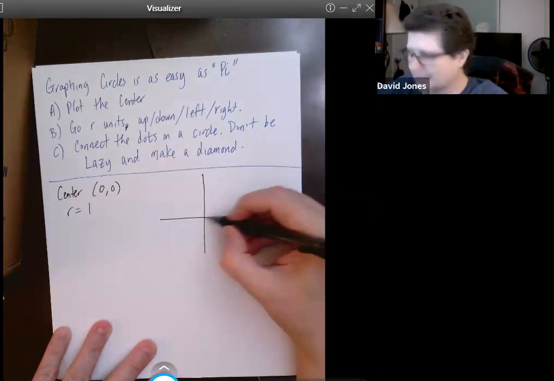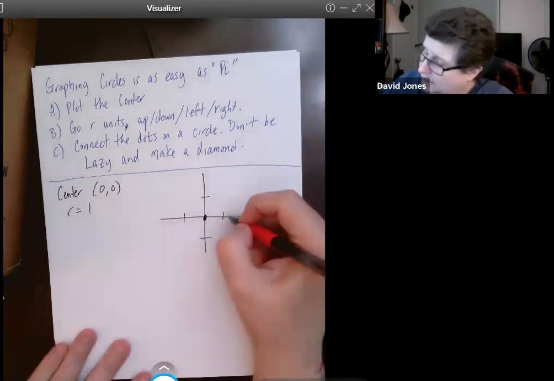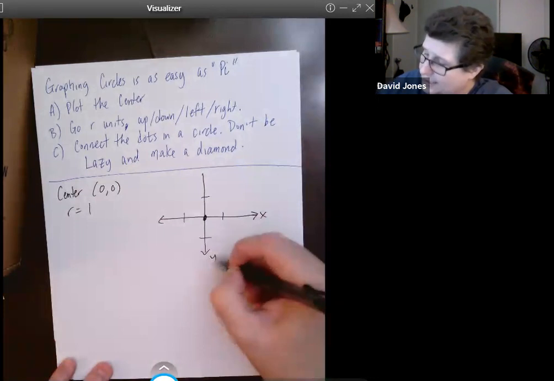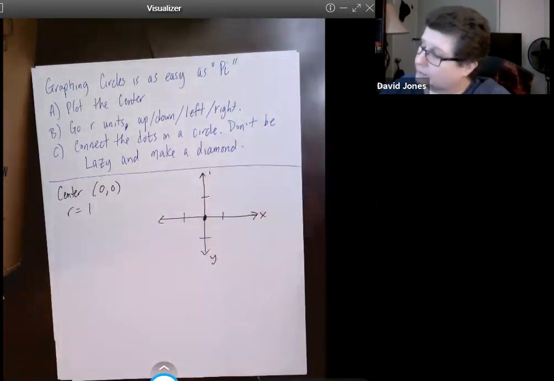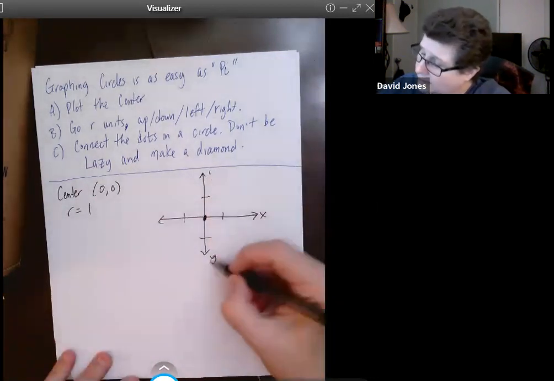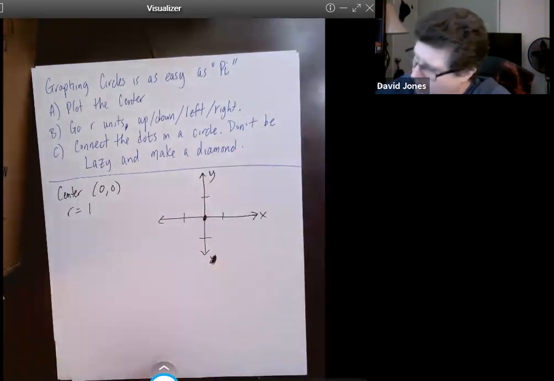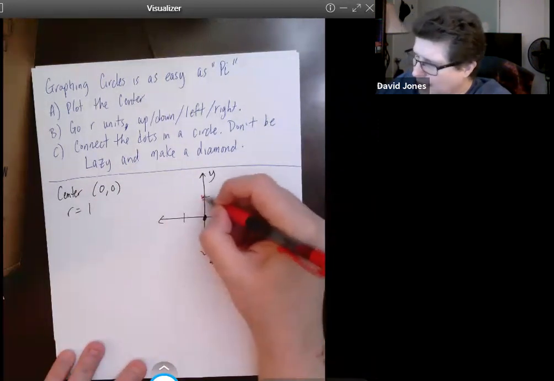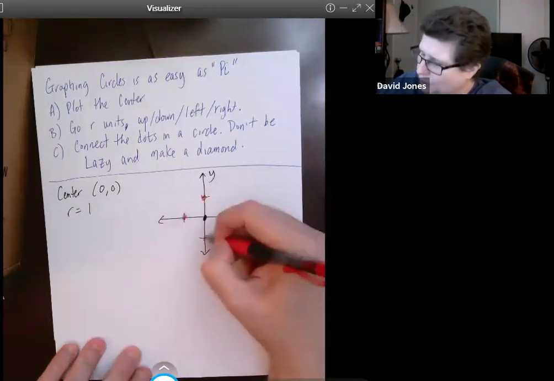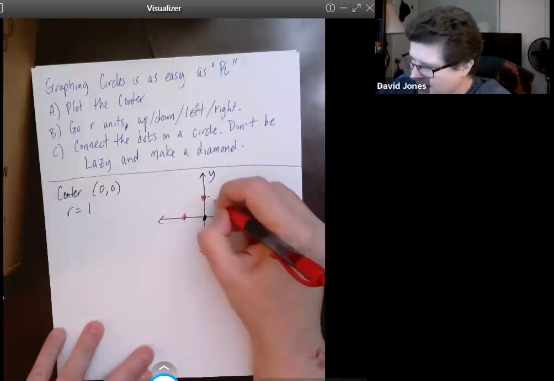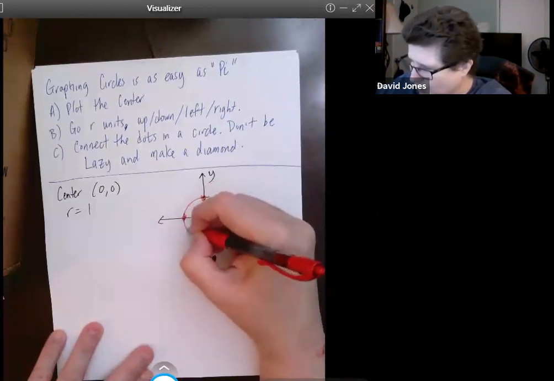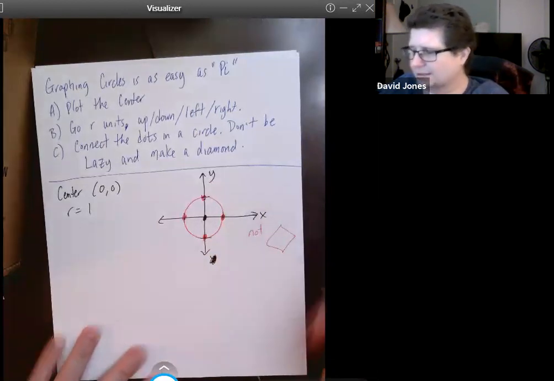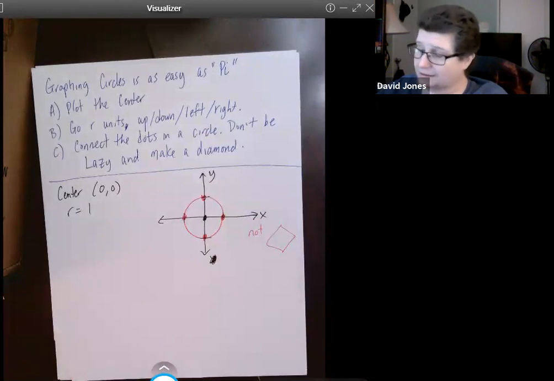So my center is there, x-axis and y-axis. From the center, I'm going to go right 1, up 1, left 1, and down 1. And then I'm going to connect them in a circle, a curve, not a diamond. Okay, a circle.